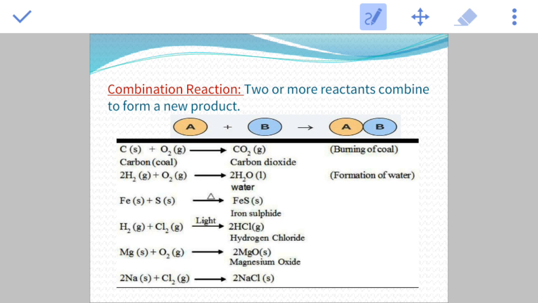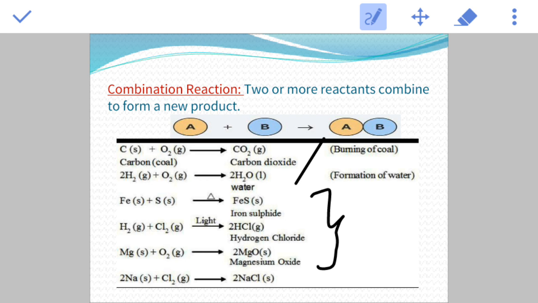Coal is made up of carbon, and when carbon is burnt in the presence of oxygen, it produces carbon dioxide gas. In the next one, H2 and O2, when they combine, they form a water molecule, H2O. The next examples are also given. In all the examples, in every case, there are two reactants and they form a single product.